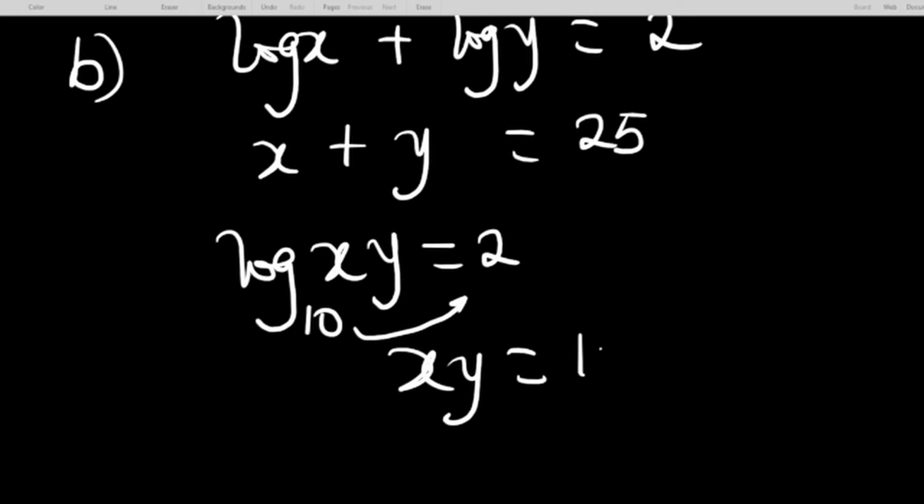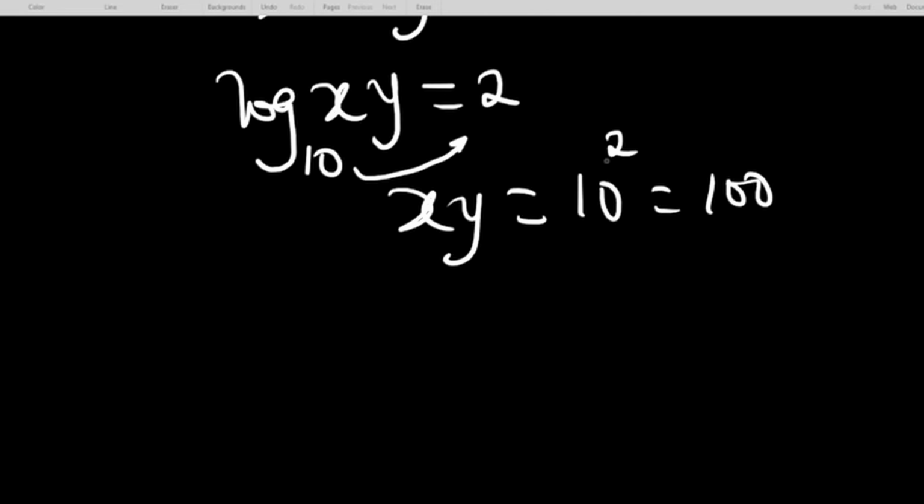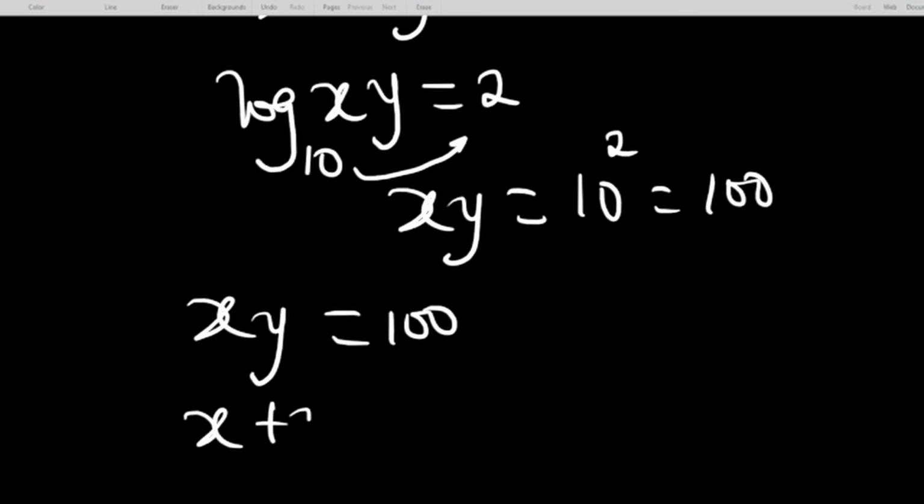Then we have 10 to the power of 2, and this is equal to 100. So we've converted our equation 1. Our equation 1 is now xy equals 100, and our equation 2 remains x plus y equals 25.